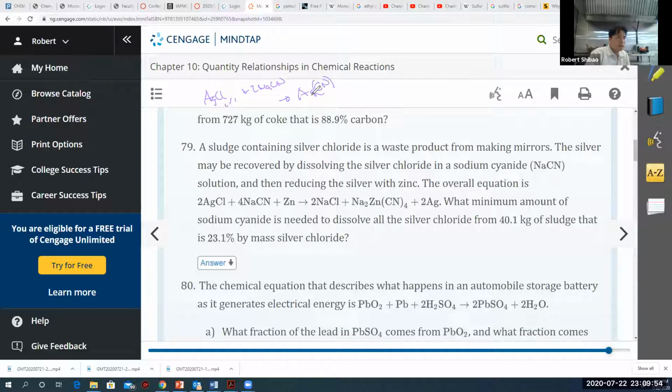Cyanide is great at attacking metals like silver and gold. Cyanide is used to extract gold out of old mine tailings. And of course, it's very poisonous too. And so this is Lewis acid base, and this gives us a way to dissolve silver chloride or silver ions in solution, but it complexes this.